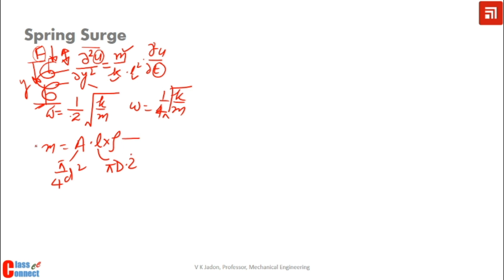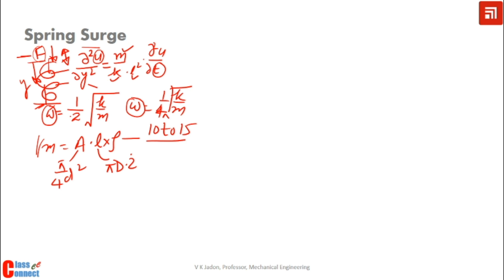We can substitute these to get the value of m, and finally we should have this natural frequency of the spring. It should be very high, 10 to 15 times higher than the frequency of this load.